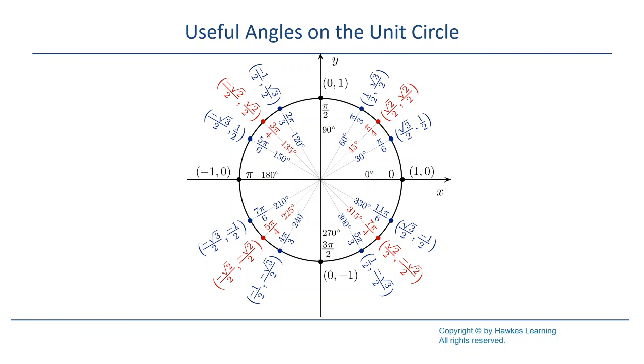But then notice here, this is 1/2, square root of 3 over 2. If we go 60 more degrees, we get negative 1/2, square root of 3 over 2. So this one and this one are the same thing, except with a negative in front of the 1/2.